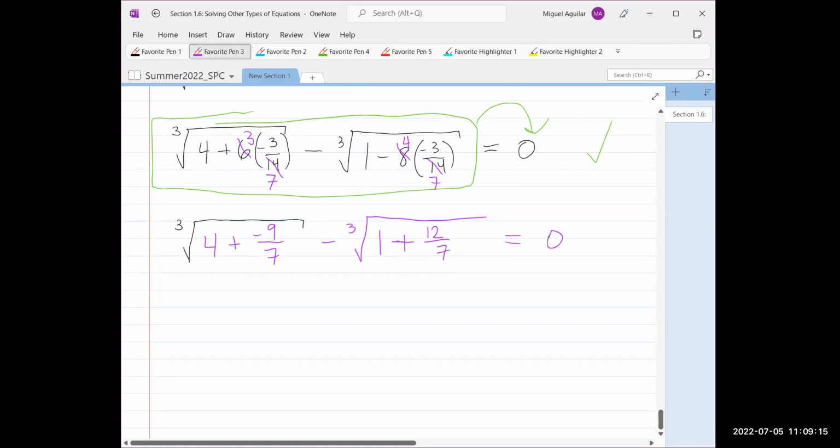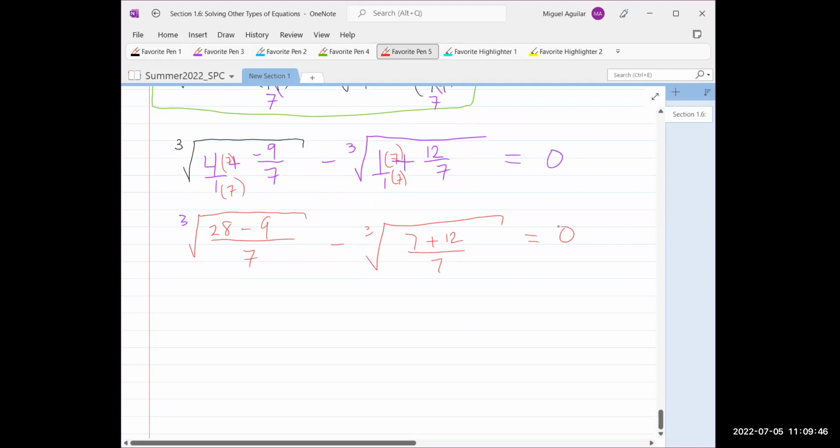Okay, don't know if that's going to be equal to 0. I'm going to get this over 1, that over 1. Make this times 7 on the bottom. So I'm going to have 28 minus 9 is going to be 7 plus 12 over 7.